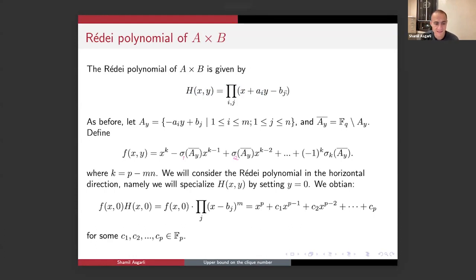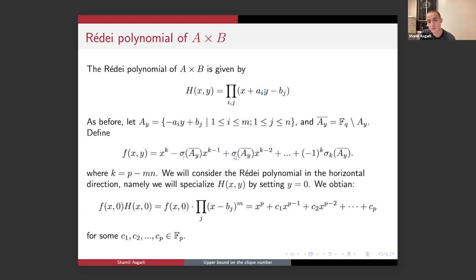Because what happens in this case is that f(x, 0) times h(x, 0), when you plug in 0 for y, you just get f(x, 0), this one, times, well, if you plug in 0 for y, notice that this term a_i y goes away because y is 0. So all you get is x minus b_j, and it's repeated m times because the number of elements in the set capital A is m.